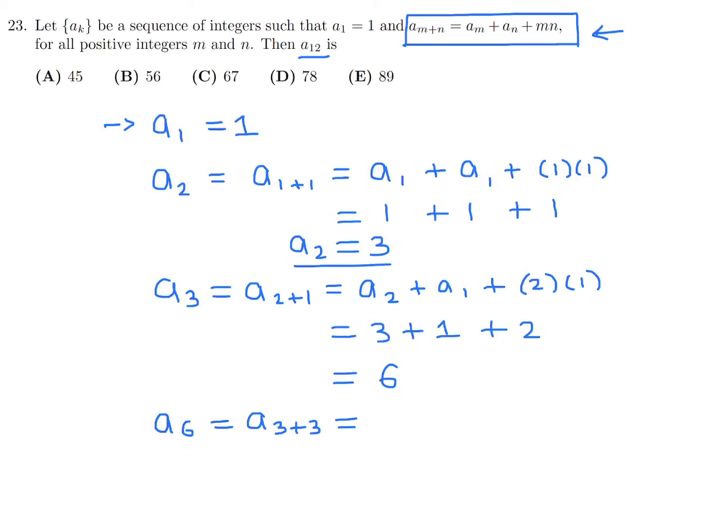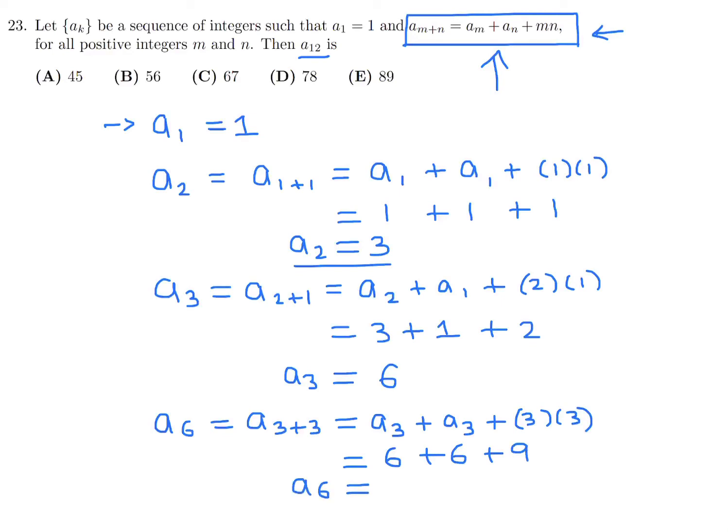So that means that is equal to A3 plus A3 plus 3 times 3. Entirely based on our formula. I'm not doing anything other than the formula. So A3 we figured out up here was 6 plus 6 plus 9. So therefore A6 is equal to 12 plus 9, which is 21.